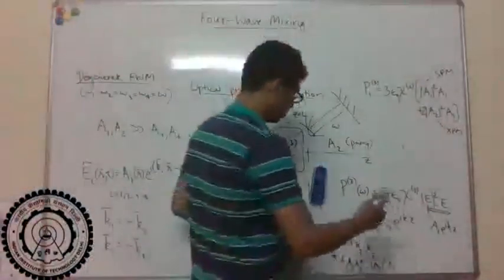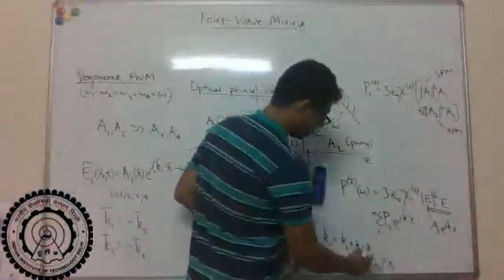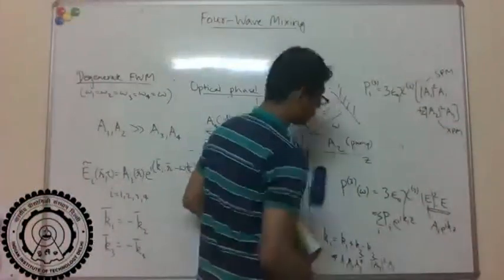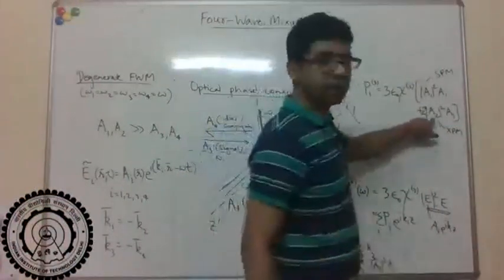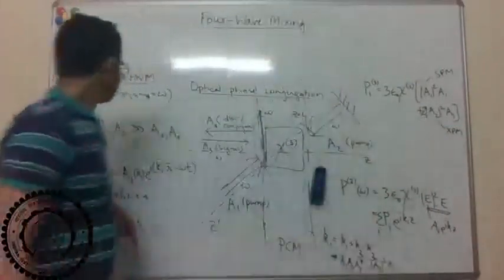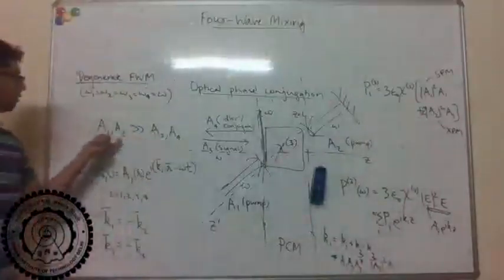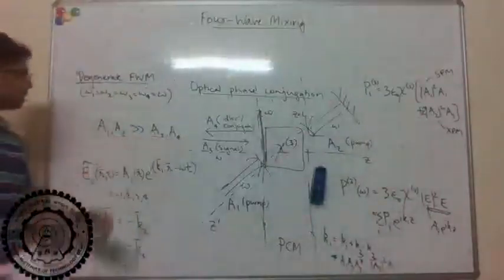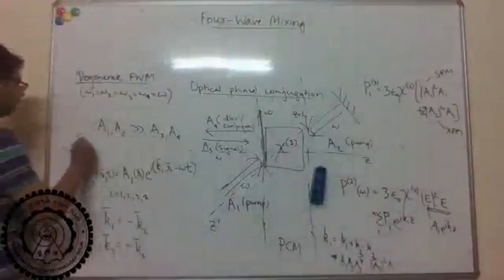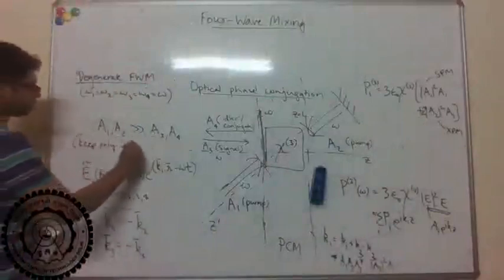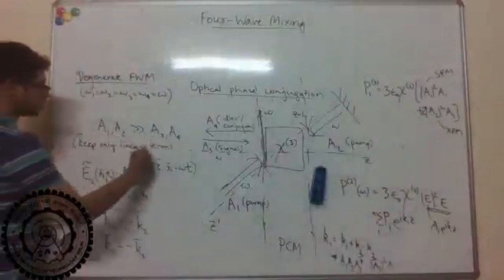And there could be additional terms also, right? This could be 3, for example, but then that would give me A3 square. Basically, we assume that 1 and 2 are much stronger than 3 and 4. So we keep only linear terms in A3 and A4.